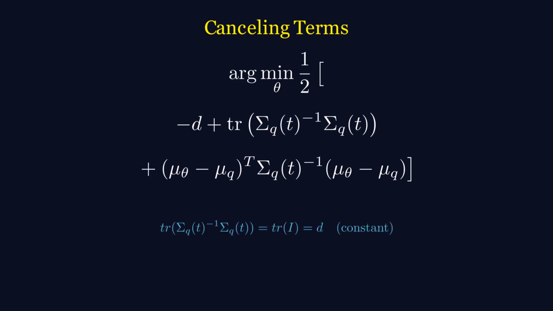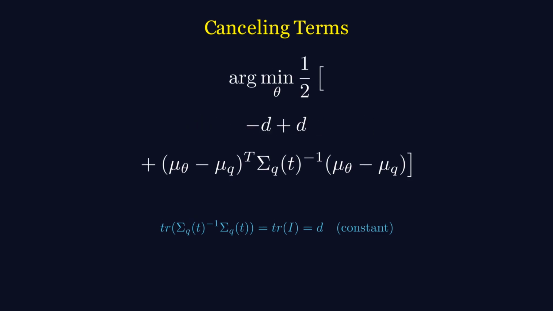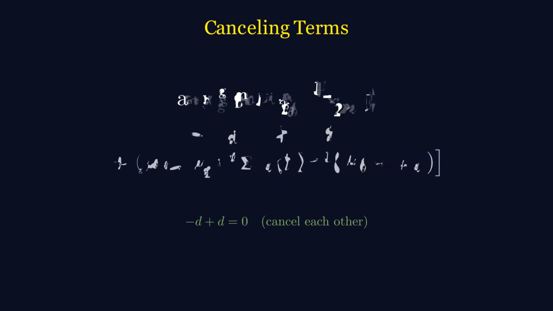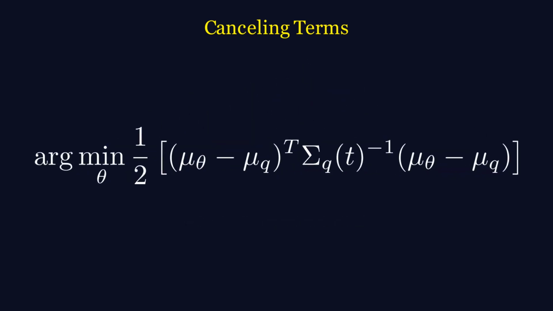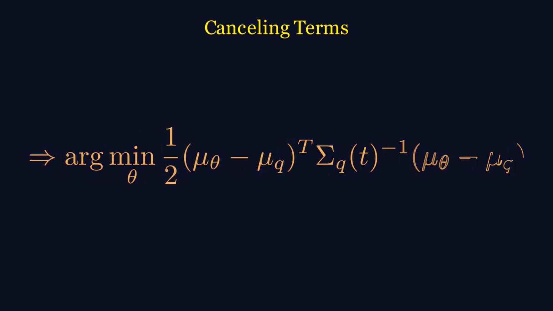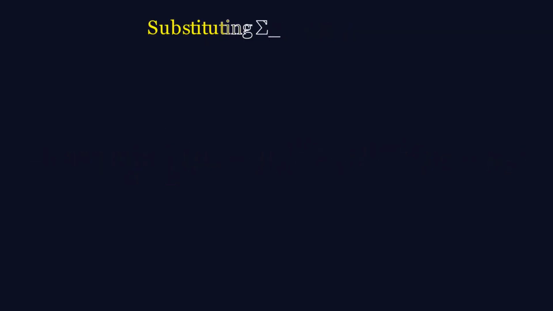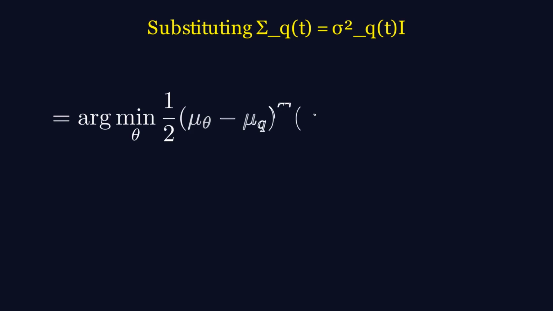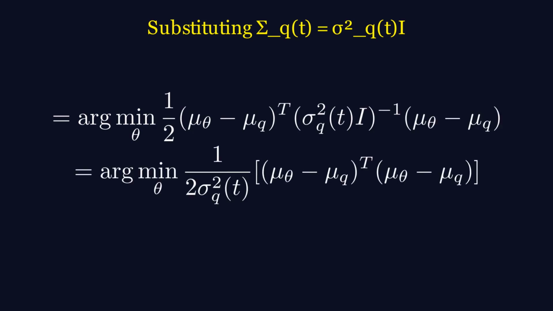The trace terms give d, which cancels with minus d. We are left with just the mean difference terms. Substituting the specific variance form, we get a scaled L2 norm between the two means.